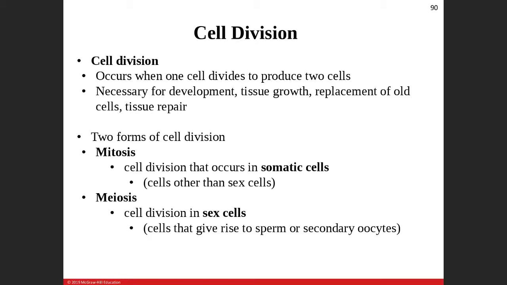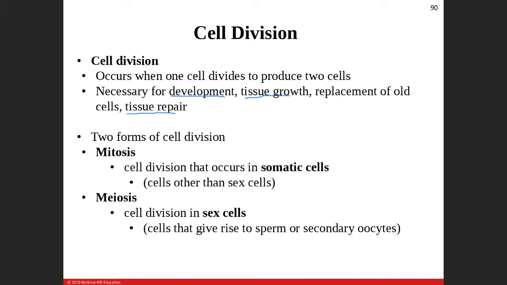We need cell division to occur as we grow. When you're growing from an infant into a child into an adult, we need it for tissue growth. Also for development. If you damage cells, we need to replace those old cells as they get too old or if they get injured.